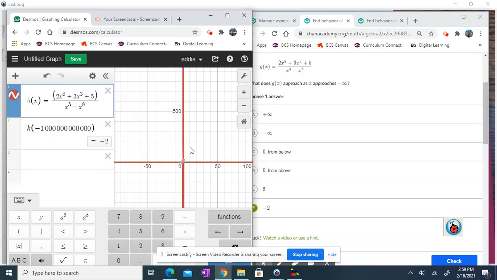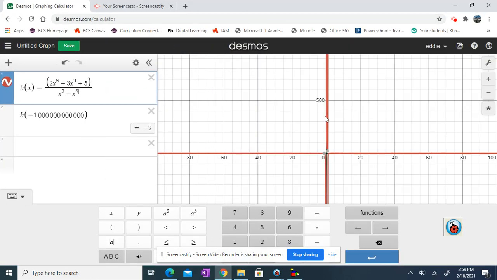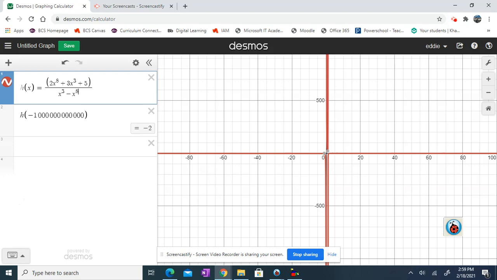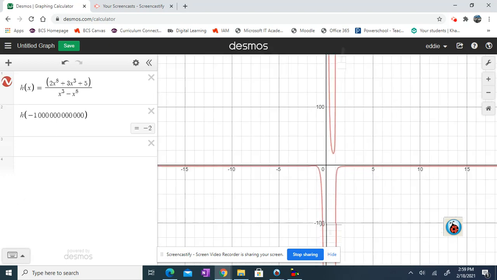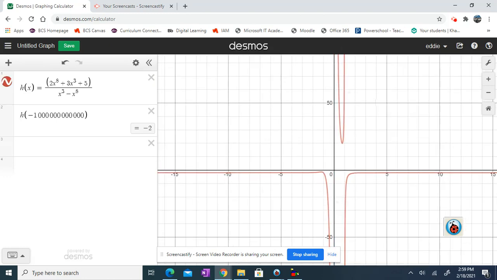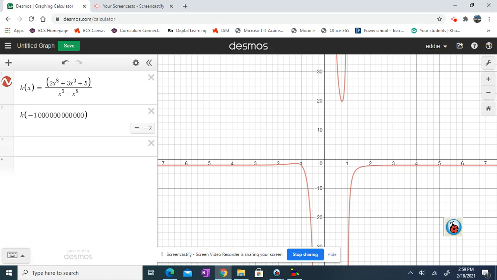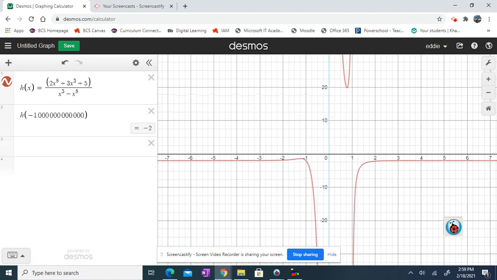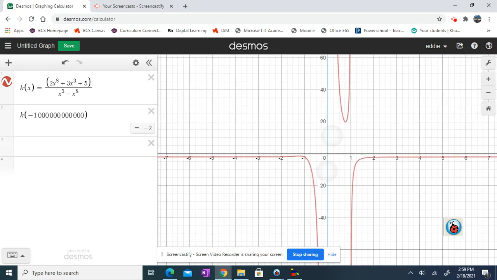Or you can hardly see it because my window's so screwy now. But let's see if I can make it right again. Here we go. I can see it a little better now. All right, so I have to kind of squeeze it that way so you can see it.